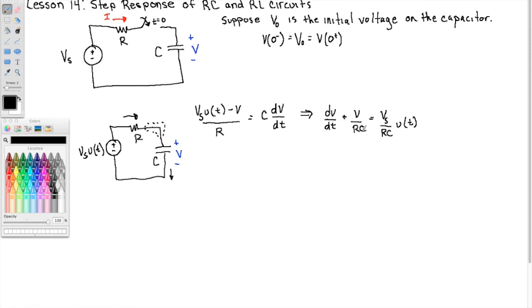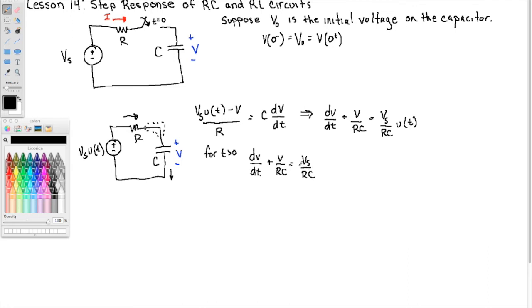Remember, that's tau, the circuit time constant. Now, the unit step is 1 for time greater than 0. So for t greater than 0, we have dV/dt plus V over RC equals Vs over RC.